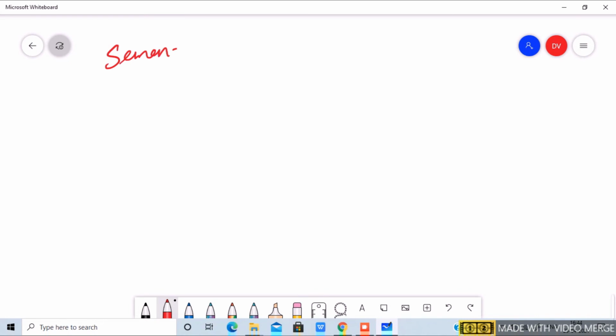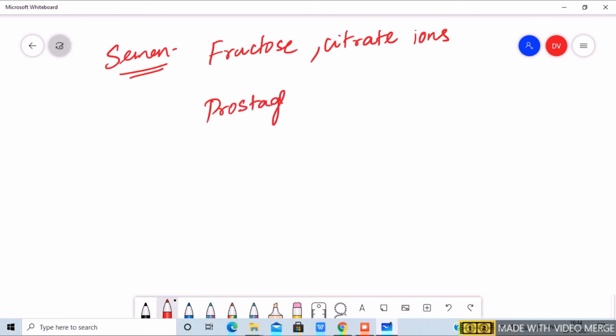If you take that, it is rich with fructose, some citrate ions, and then you have something called prostaglandins. Alright guys, and you have a lot of calcium enzymes as well, right?